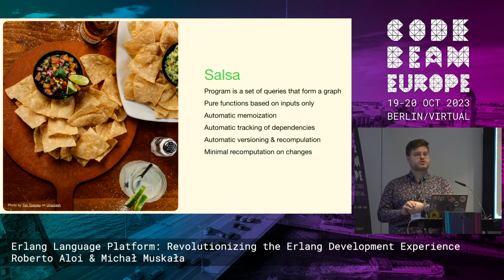You change your module, and we recompute the list of exported functions, but at this point the engine will realize that the exported functions are the same as the previous time we computed that. So for all the subsequent computation, we can just reuse the cached results. We don't need to recompute all of that, which is exactly what you want in an IDE. With this granularity, you can avoid a lot of recomputation on changes, and you don't need to worry about caching and invalidating the cache, because this is handled for you by construction of how you write your program.